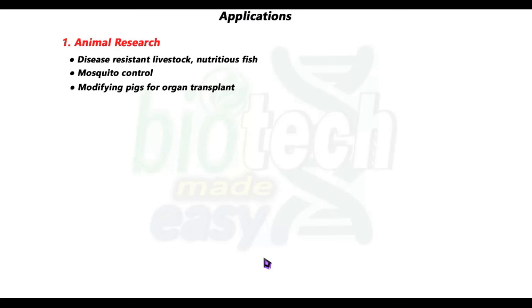Pigs can be modified to make their organs suitable for transplant in humans, and if that can be done, it would be really a boon for human beings. This technology can make the pet owners very happy because now the pets can be custom designed for colors, coat pattern, and desirable traits.